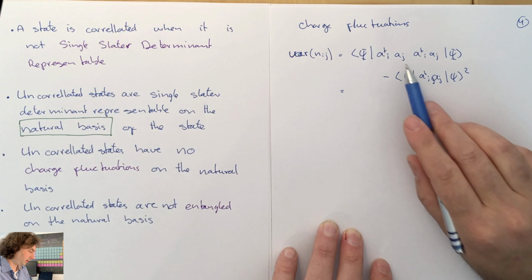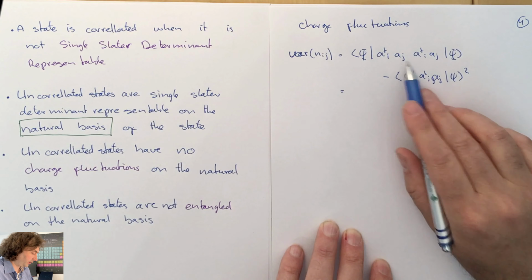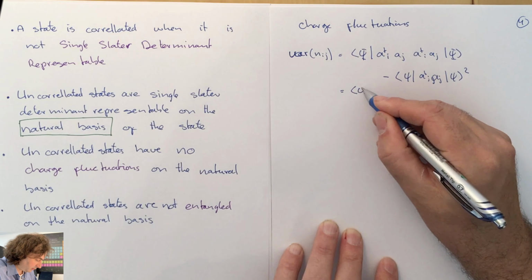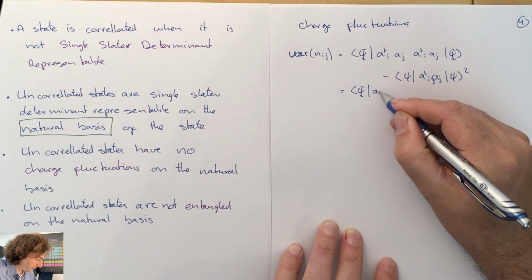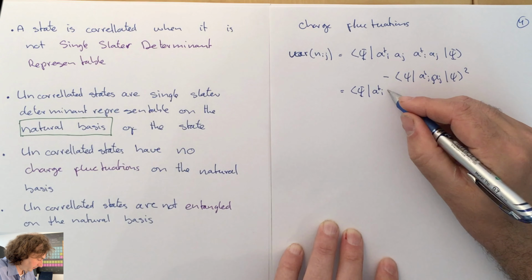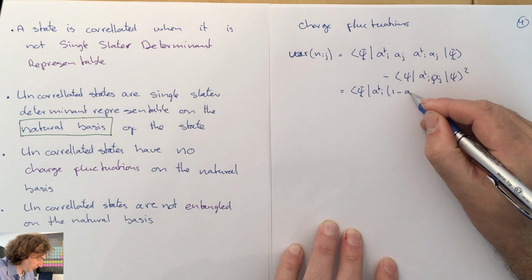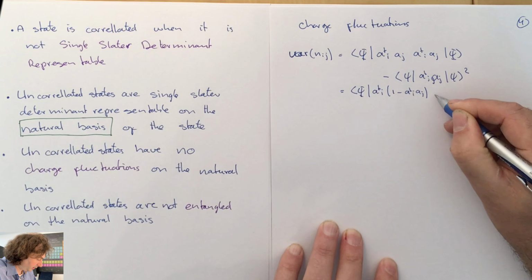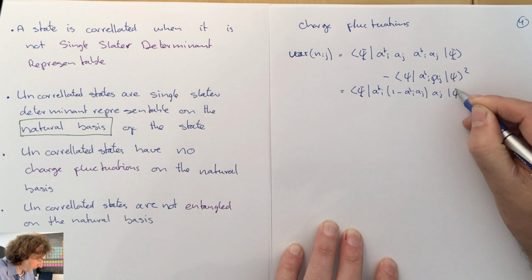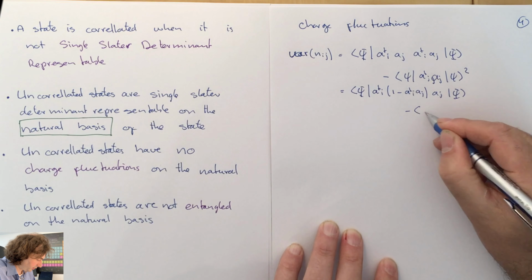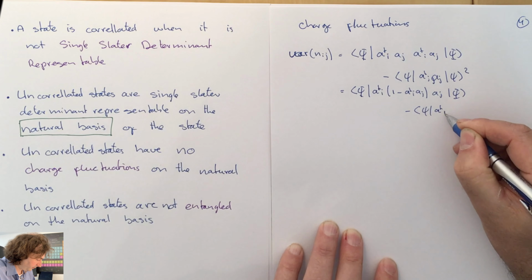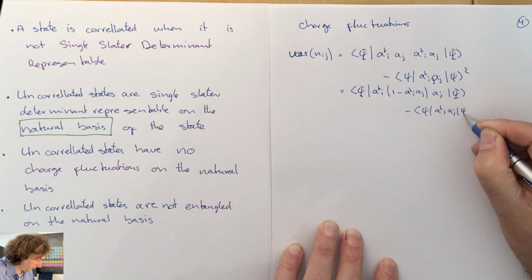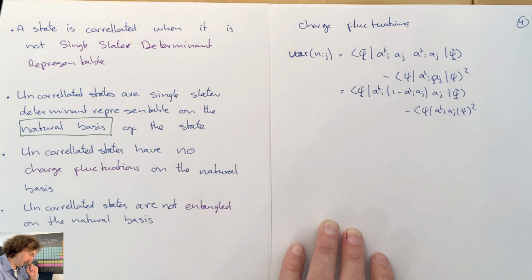This is equal, I can commute a dagger i and a j. So this is phi, a dagger i (1 minus a dagger i) a j, phi, minus, and then again the square of the expectation value.